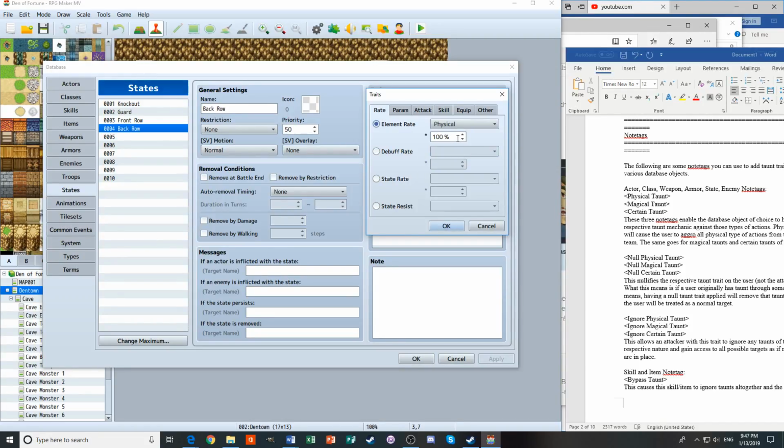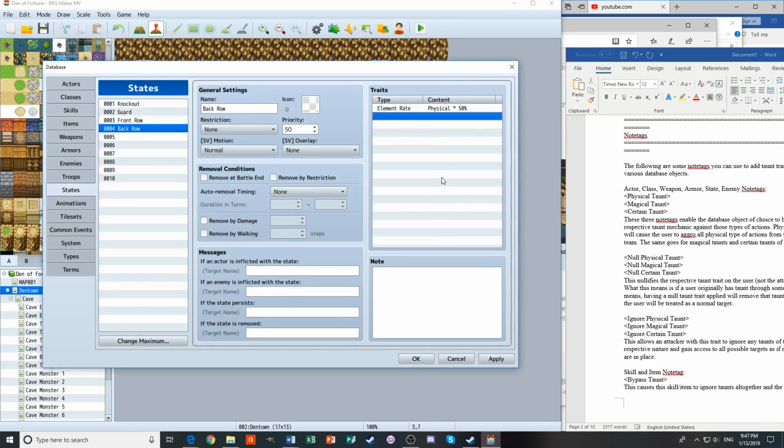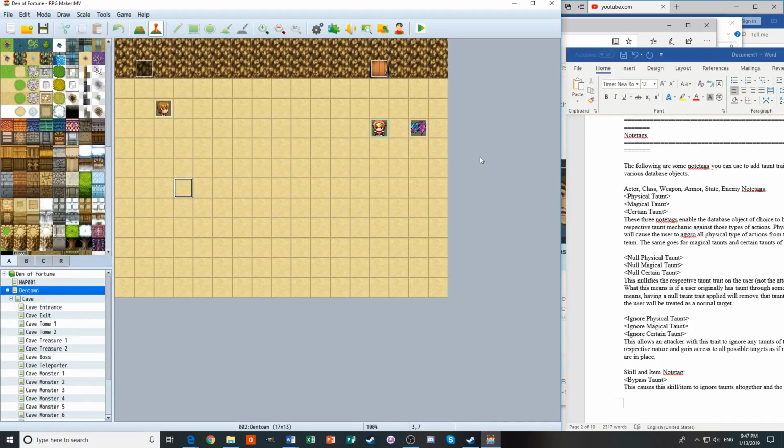I think for now, we will put this down to 50. So if you're in the back, your physical attacks do 50% damage. I don't even know why I'm mucking around with this kind of thing. It doesn't really matter because this isn't important for balance just yet. I just want to make sure I have a system that works. Is this the system that I want to work?